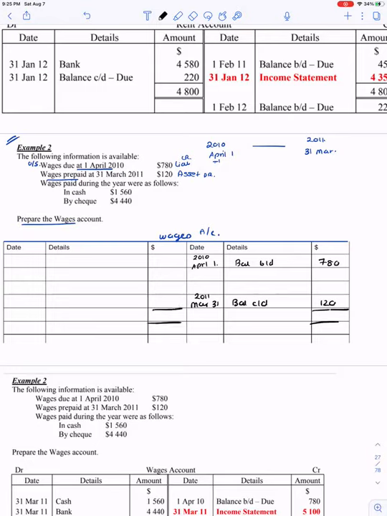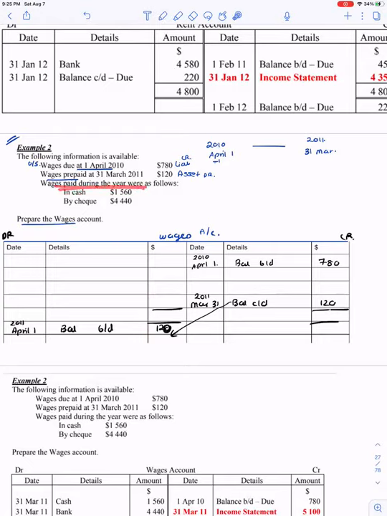Always remember, bring down this balance so that you can verify whether you are right or not. 2011, April 1, balance brought down 120. So prepaid expense is an asset, it has a debit balance. But openings will always appear on the same side, closings on the opposite side.